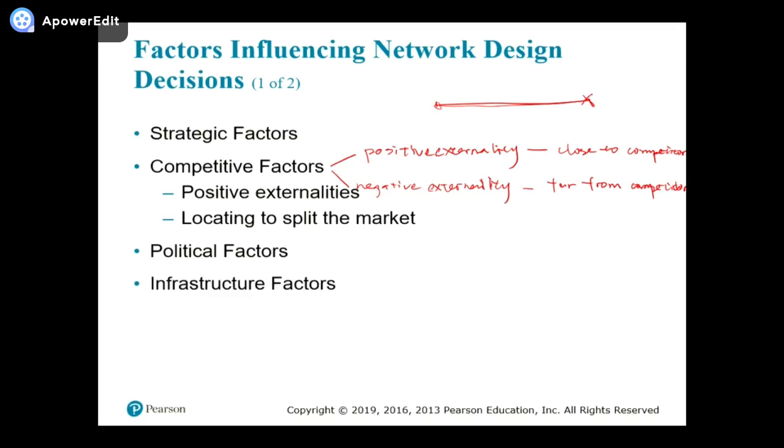Then we have infrastructure factors. So other than the direct unit cost, which is often a very large driving force to locate a facility somewhere, for example, the low labor cost in the region is a lot of the reason for locating a factory overseas. And on top of that, we need to consider infrastructure factors, for example, transportation infrastructure.